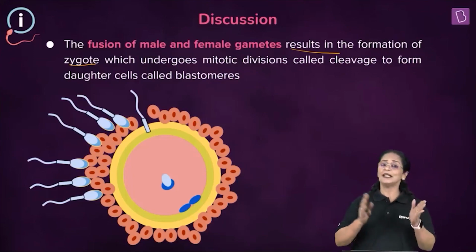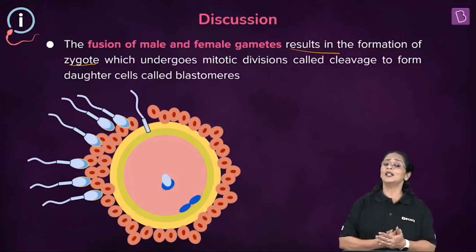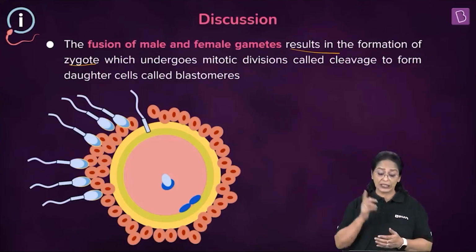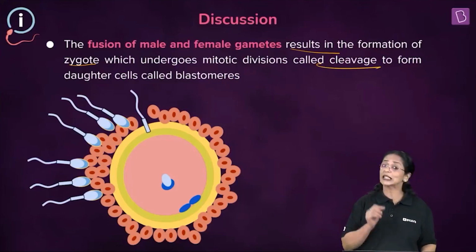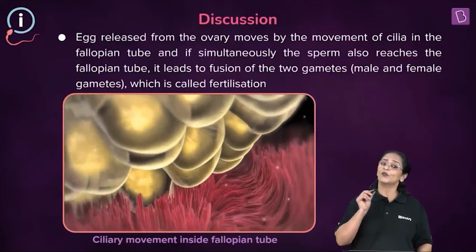The fusion of the male and the female gamete, which we call fertilization, gives rise to a diploid zygote. The diploid zygote undergoes mitotic divisions. These divisions are called cleavage. The divisions give rise to daughter cells, which we call blastomeres. Now, the egg is released from the ovary.